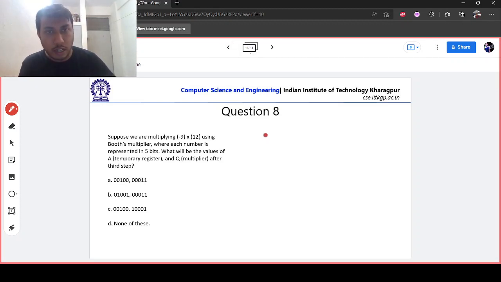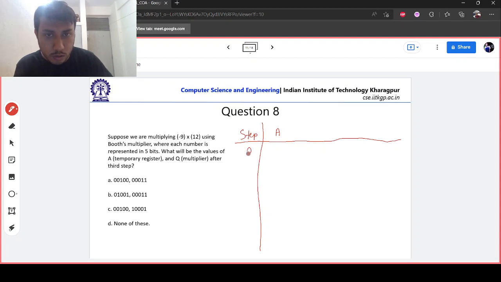Okay, so let's start. So step 0. What will be the initial values of A?